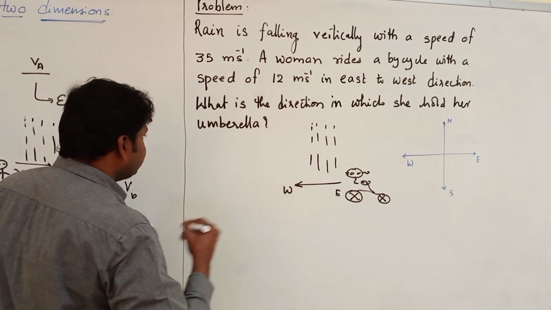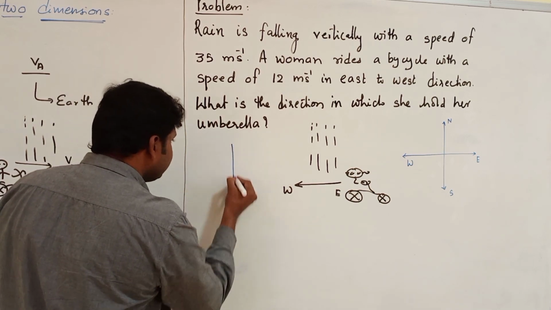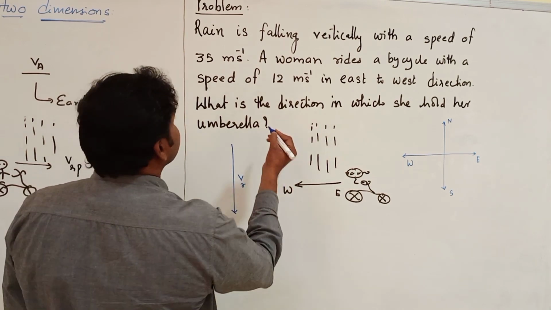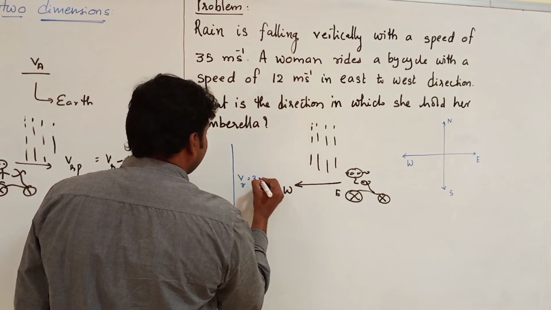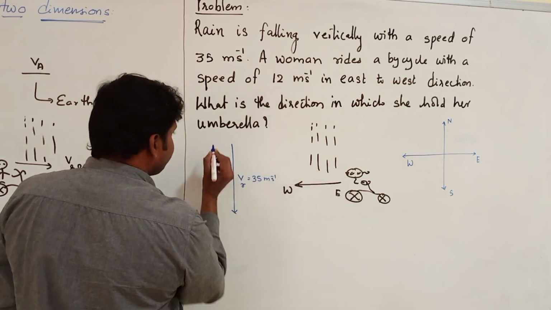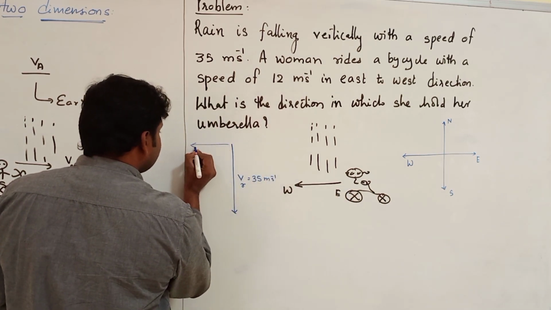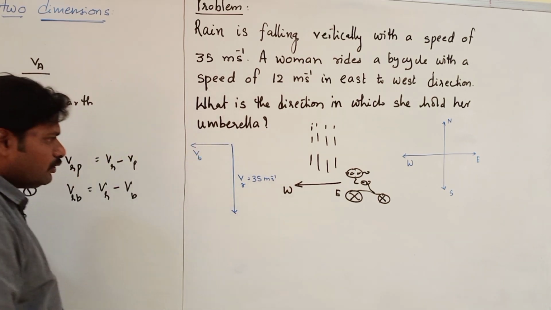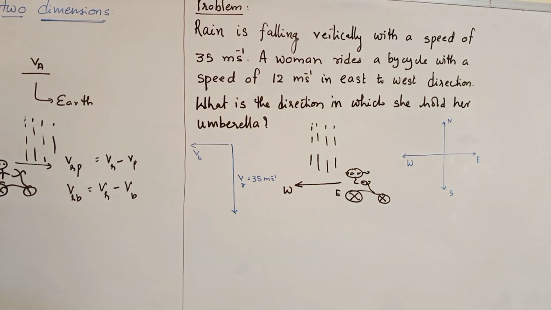Now, in the diagram, this is VR, the value is 35 meters per second, and east to west is the velocity of the bicycle, or velocity of the woman.